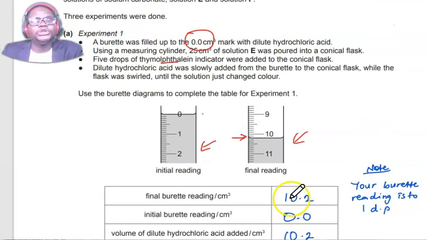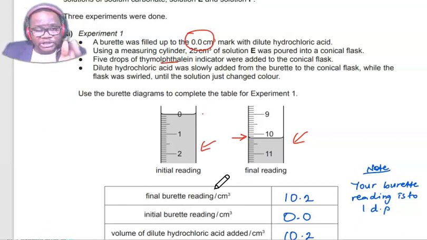Now, if we use the same indicator, thymolphthalein, and we change the solution to solution F, what will be observed? We have found out that between experiment 2 and experiment 3, solution F increased the volume of acid used by a factor of 1.5.